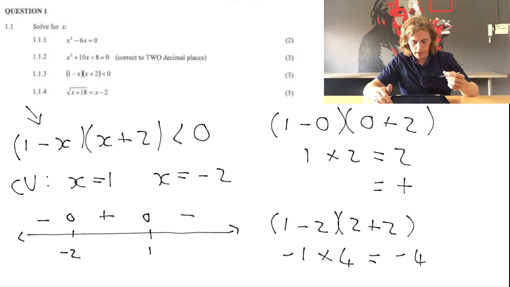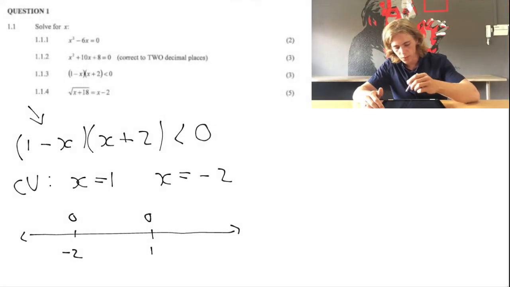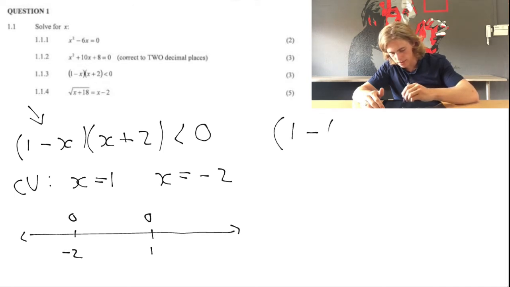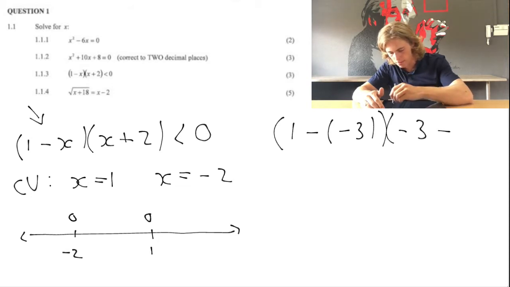And if we take a negative 3, which is further to the left or is smaller than negative 2, we are then going to get in the brackets, bracket 1 minus negative 3, put that in its own bracket so you don't forget the sign, times negative 3 plus 2.